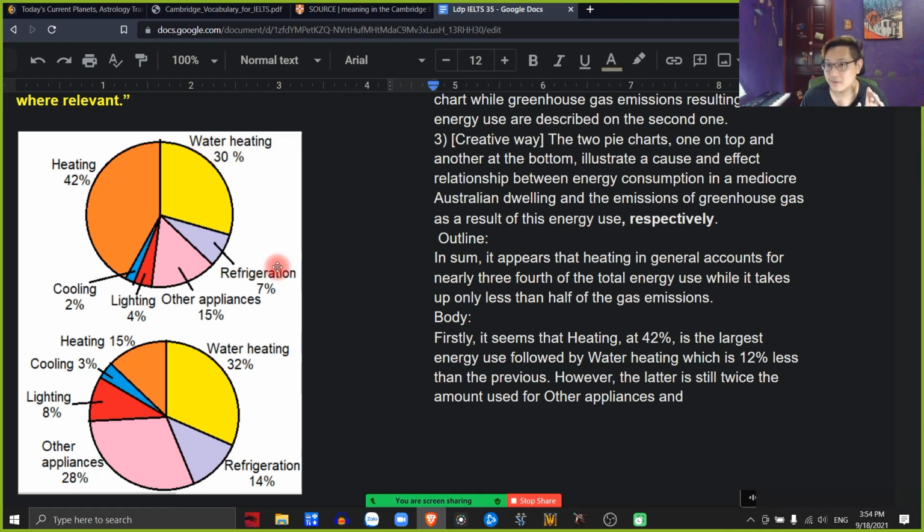So it's still twice the amount used for other appliances, and 4 times the percentage for refrigeration.